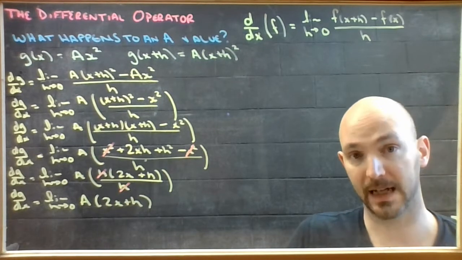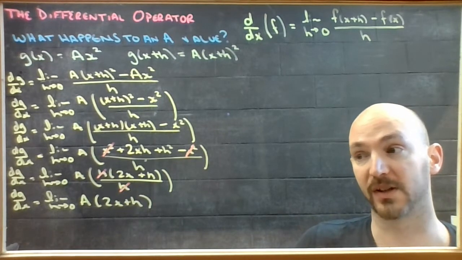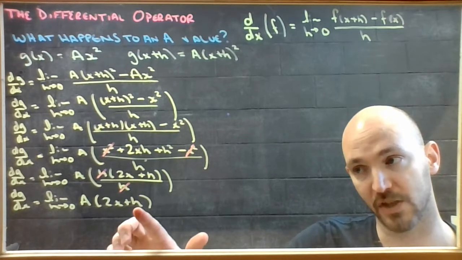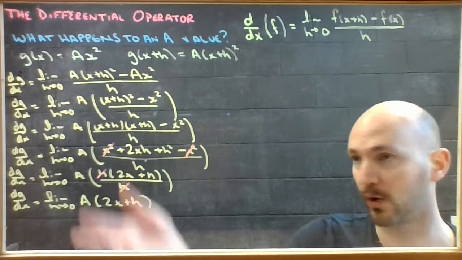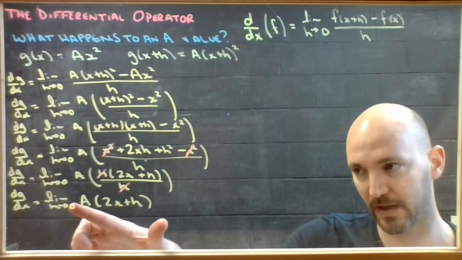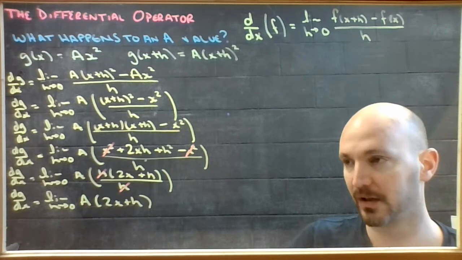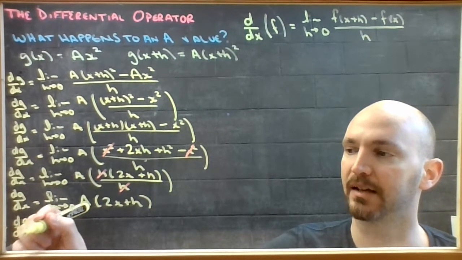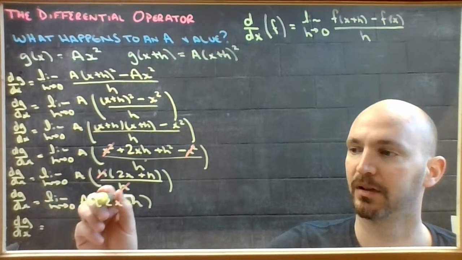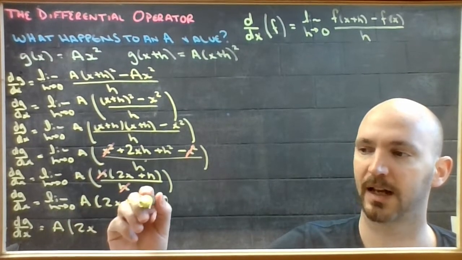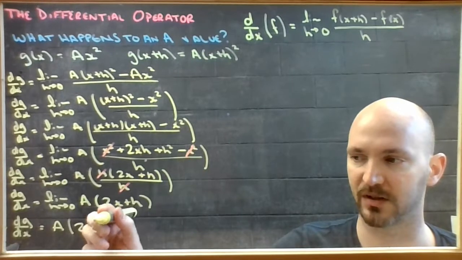And finally, at this line, I've reached a place where it's safe to actually trigger the h equals 0. Because it's not going to be dividing by 0. It won't create an indeterminate form. So I'm going to pull the trigger and let h go to 0. So I end up with dg by dx equals a times 2x, and plus 0, which is just gone.